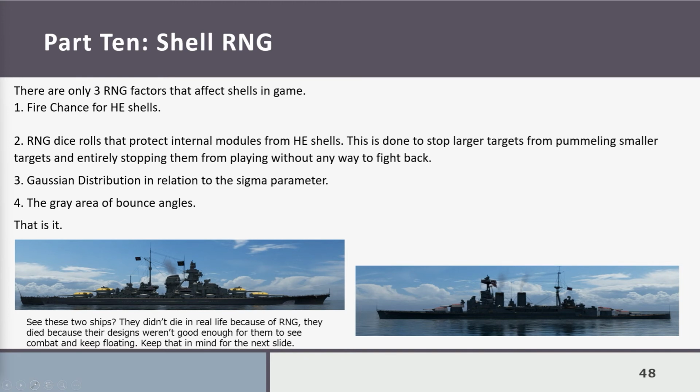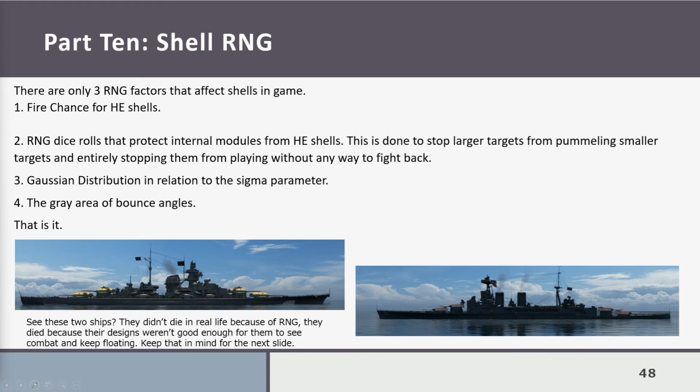This exists mainly for destroyers to protect them, so that they don't just get pummeled by bigger ships, and have a little extra added layer to fight back with. There's really not much more information besides him just saying that. So I'm not really sure how much else that plays out to, but for the most part, that does exist as a thing.